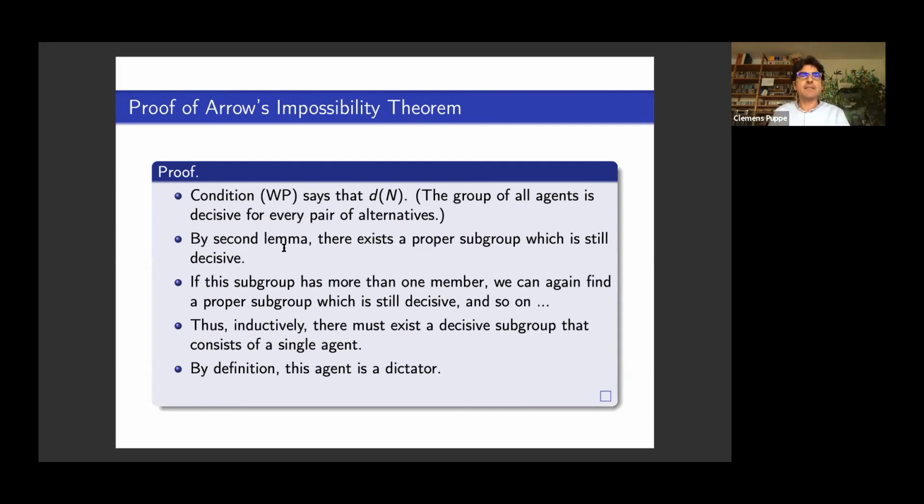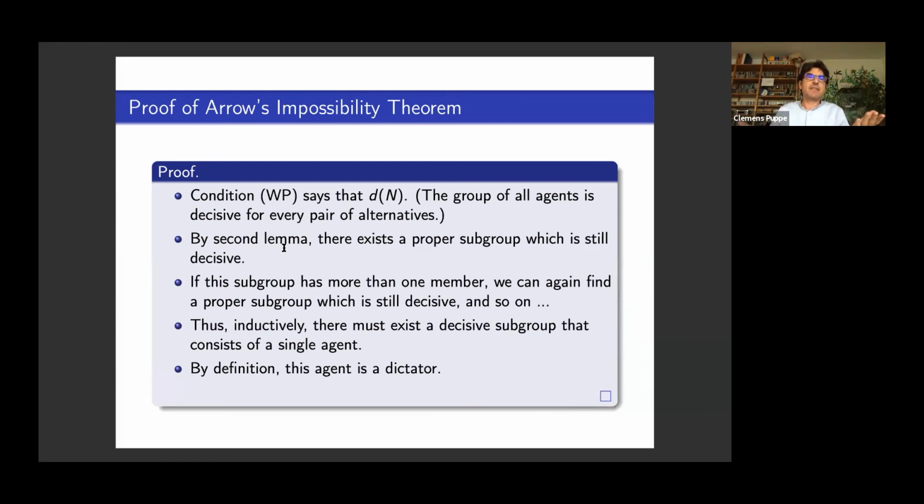Now let's do that. Then I have a subgroup of fewer individuals, which is still decisive. If it still has more than one element, I can split it further, and one of the two subgroups will still be decisive. And I can do that until I have only one person in this group.